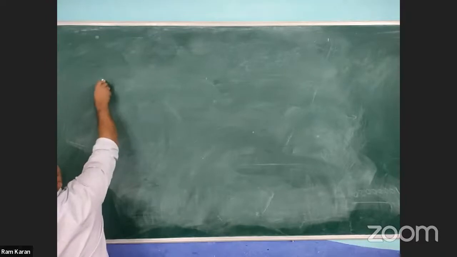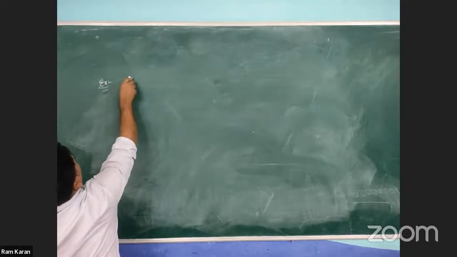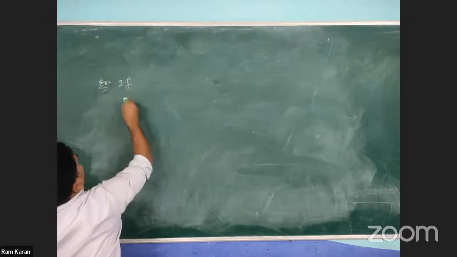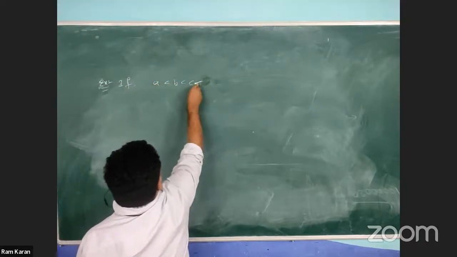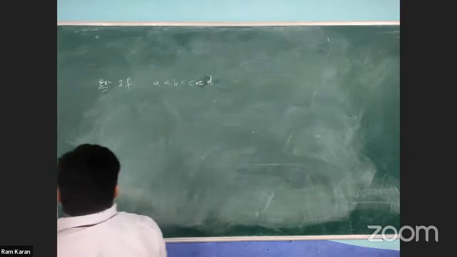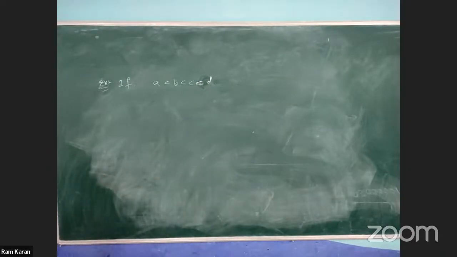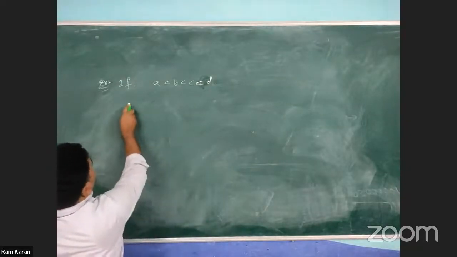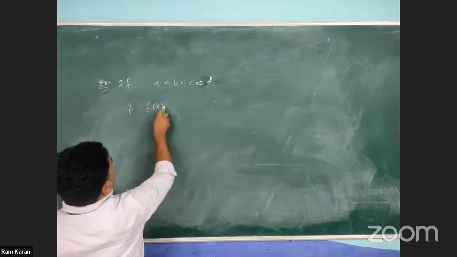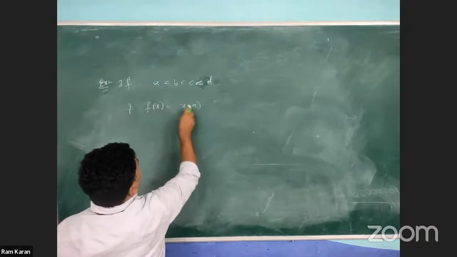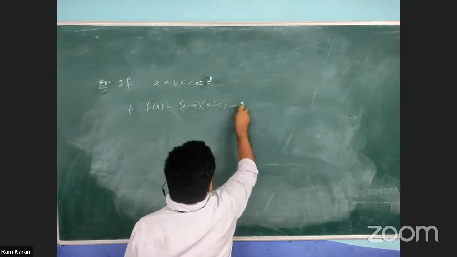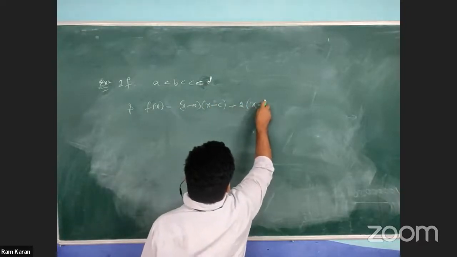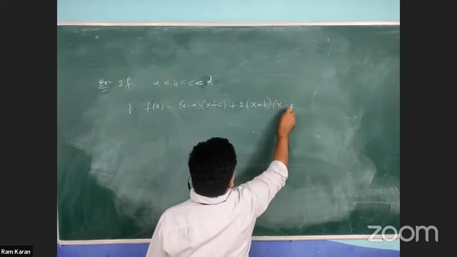See this example: if a less than b less than c less than d, and f of x is equal to x minus a into x minus c plus 2 into x minus b into x minus d.